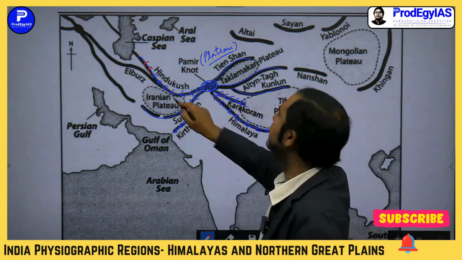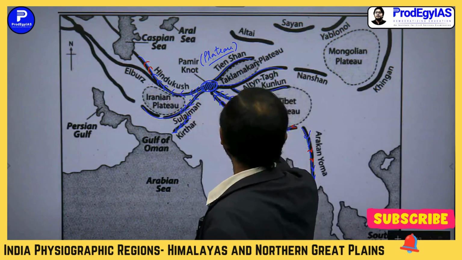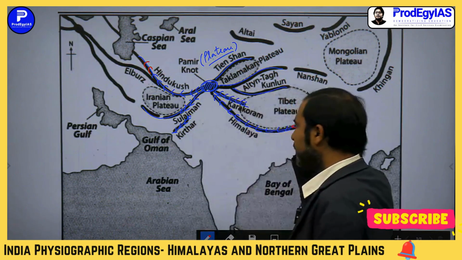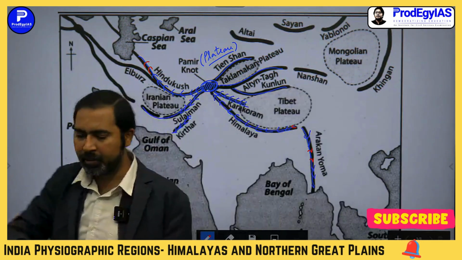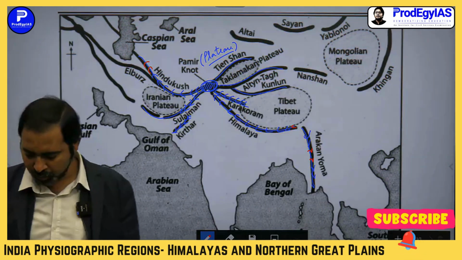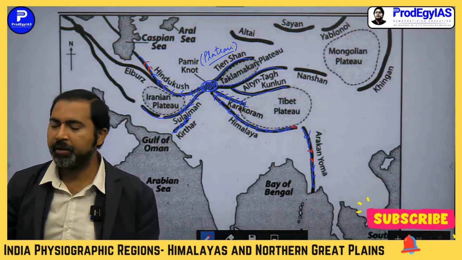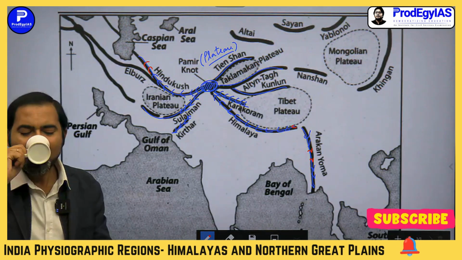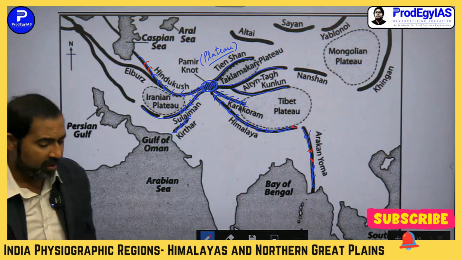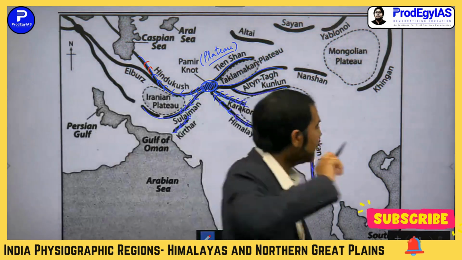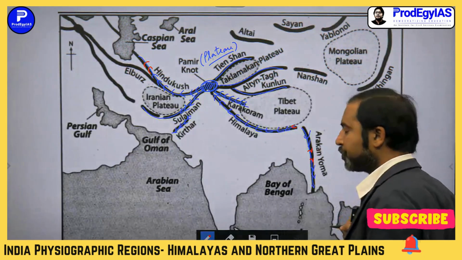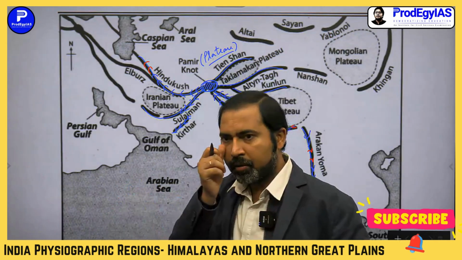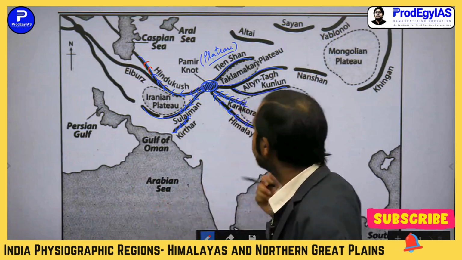So south of this Hindu Kush, Pamir Knot, Karakoram, and Arakan Yoma is your Indian subcontinent, and it comprises many countries. You know that all the major countries of your SAARC nations are part of our Indian subcontinent. That is why they are not only geographically, they are also important for your geopolitical relations, right?